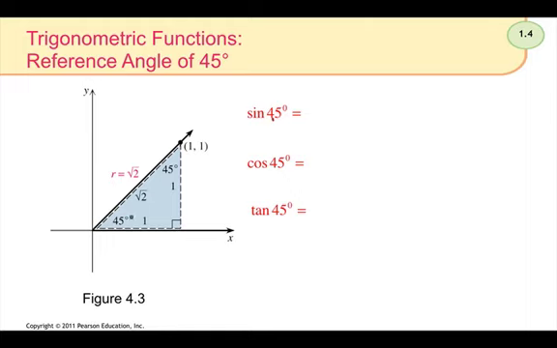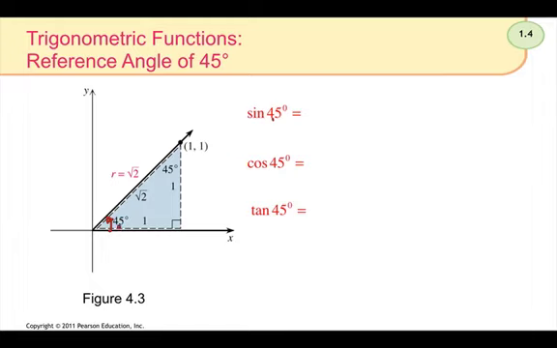Here's my angle of 45 degrees in standard position with the given radius of radical 2. I'm able to generate the following coordinate value, and I will get more specific on how to do that in class.